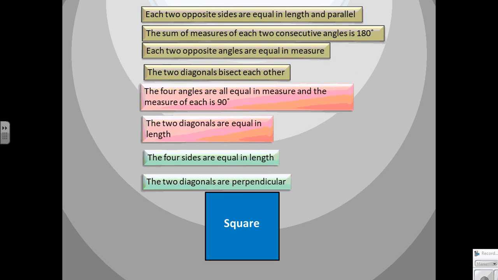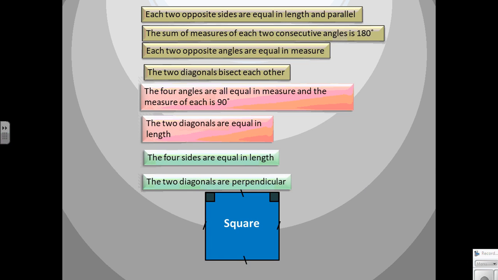Let's see the last quadrilateral, which is the square. The square is the last son, so it has all the properties: the properties of the parallelogram, plus the properties of the rectangle, plus the properties of the rhombus. The first property is that each two opposite sides are equal in length and parallel. The sum of the measures of each two consecutive angles is 180.